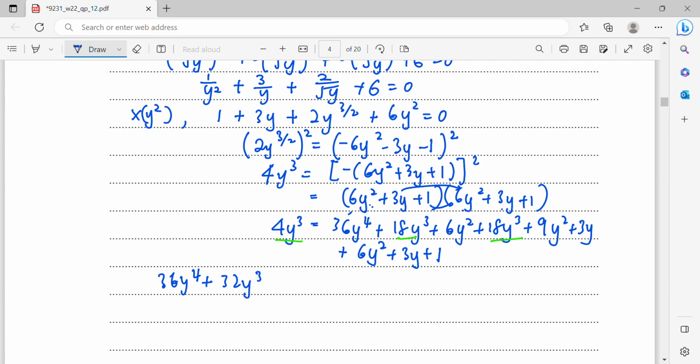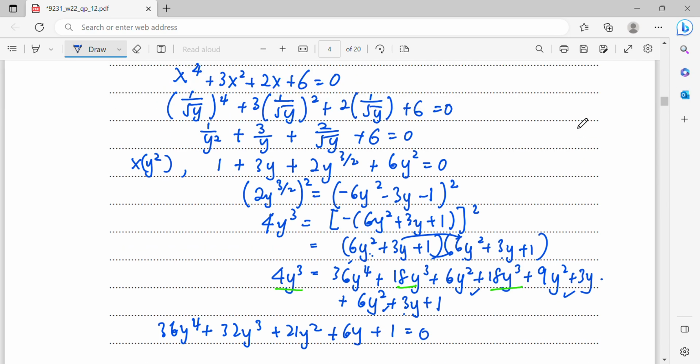For the y squared, there's 6y squared, 9y squared, 6y squared, total will be 21y squared. And then for the y, we have 3y and 3y, therefore 6y, plus 1 equals 0. So this is how we solve for the quartic equation.